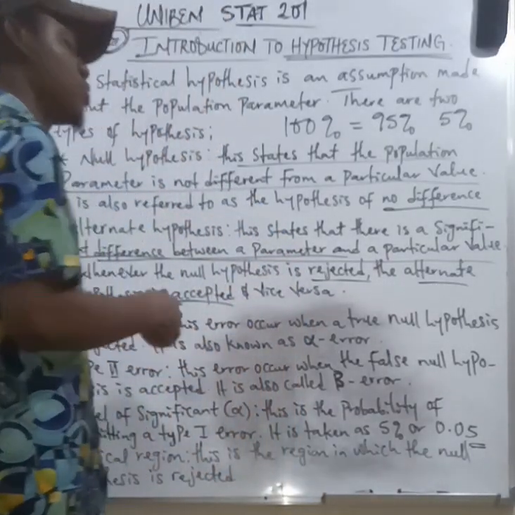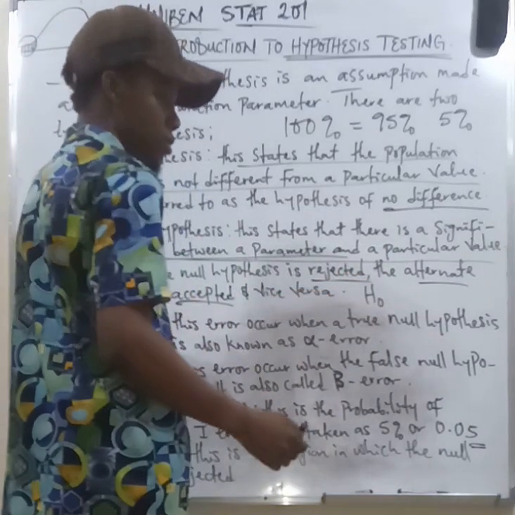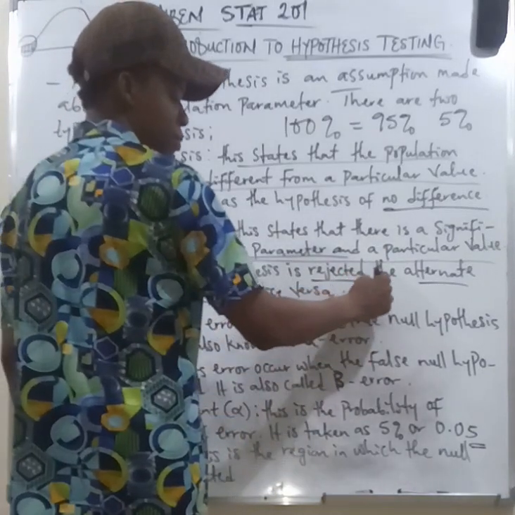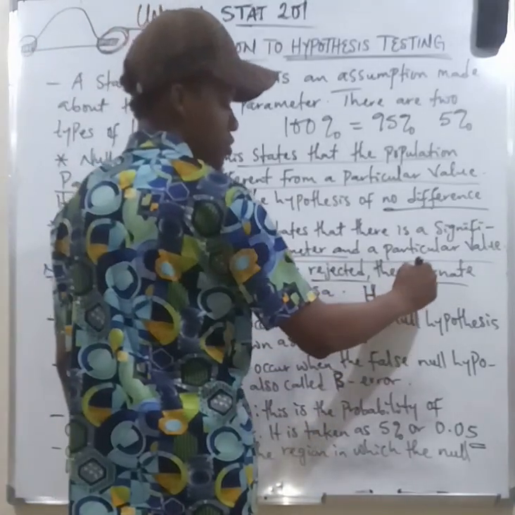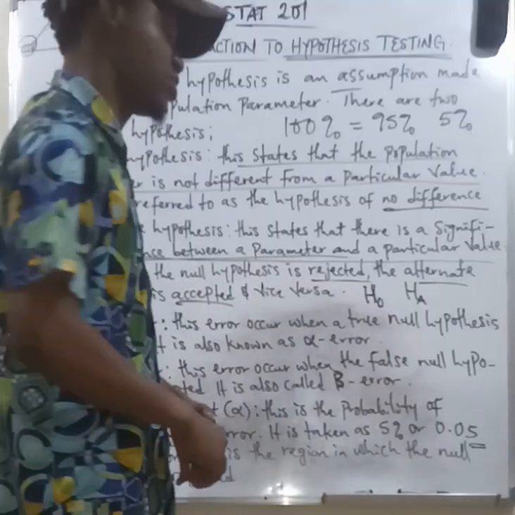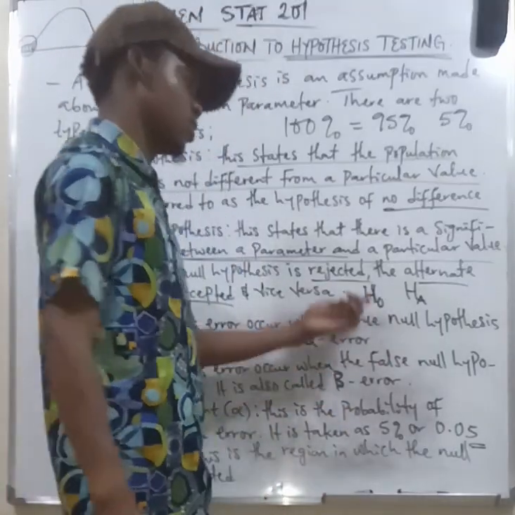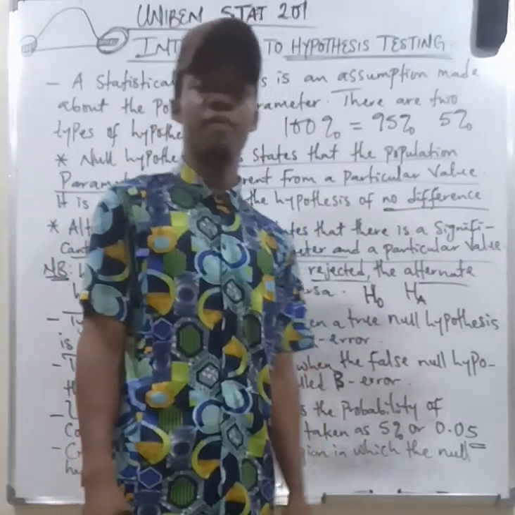Now, the null hypothesis is represented using H naught, while the alternate hypothesis is represented using HA.